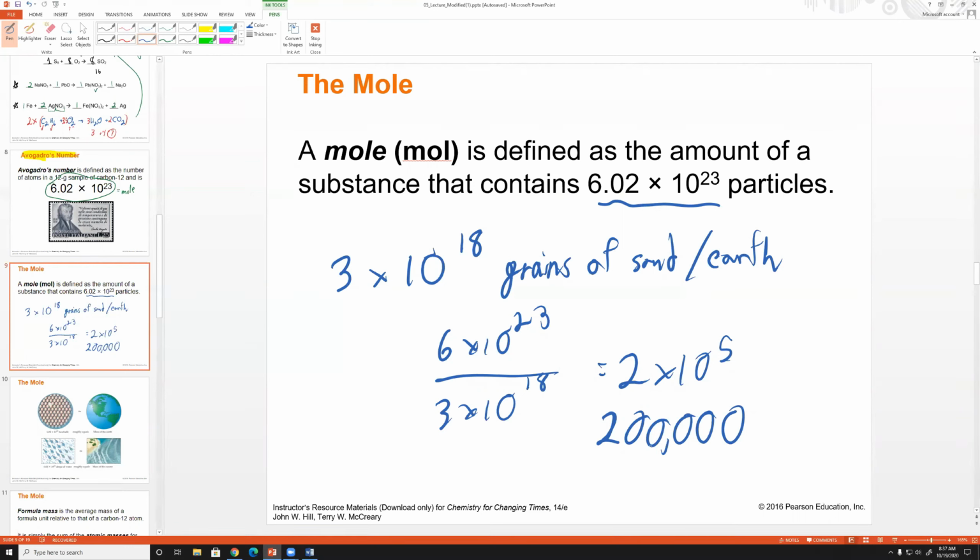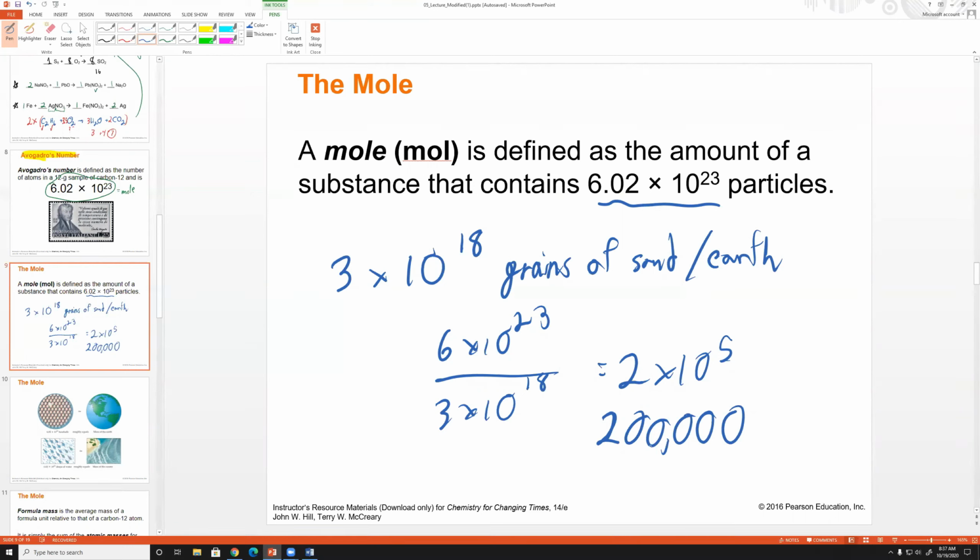If you multiply it by 10, the earth is probably encased in sand, a couple of feet deep at least. If you multiply it by 1,000, we're probably a mile or 2 deep in sand.